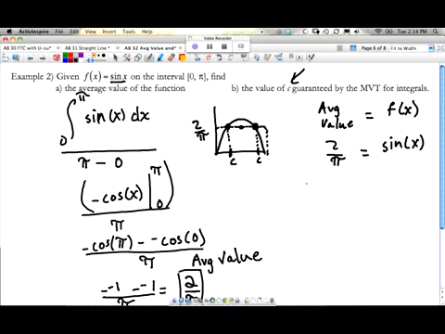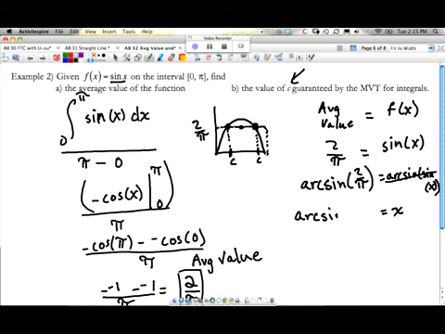So I'm going to have to use a calculator. I'm going to do arc sine of both sides: arc sine of 2 over pi is equal to arc sine of sine of x, and arc sine of sine cancel each other out, and that's just x.